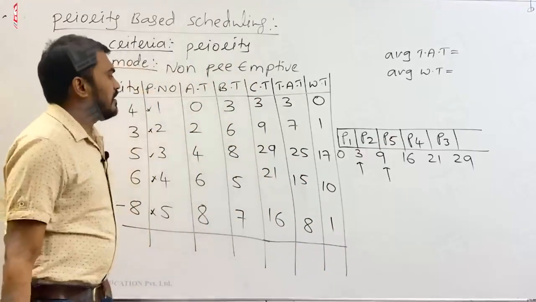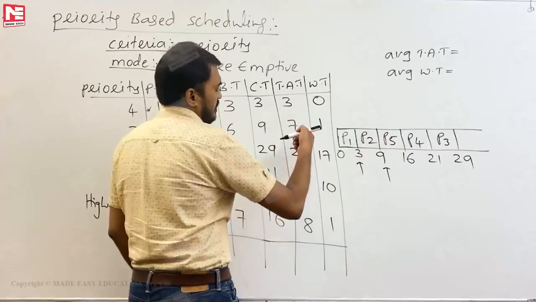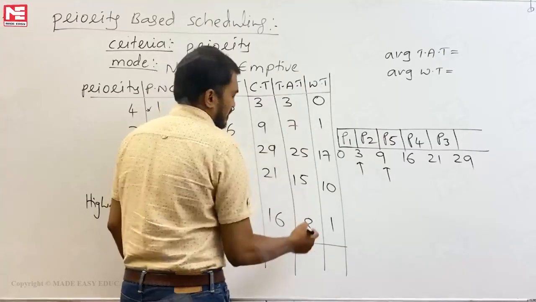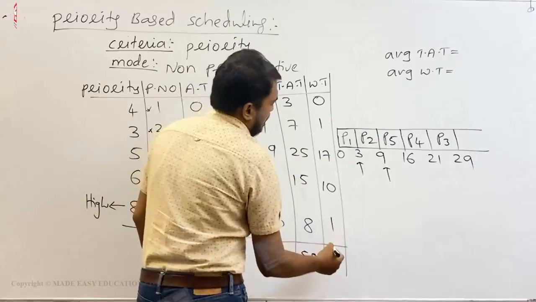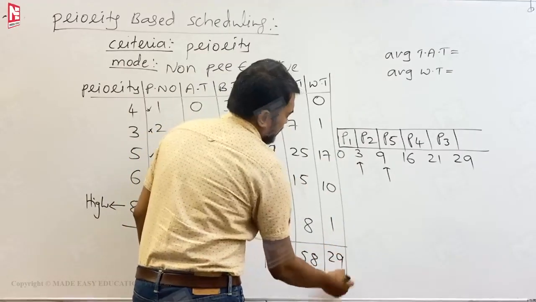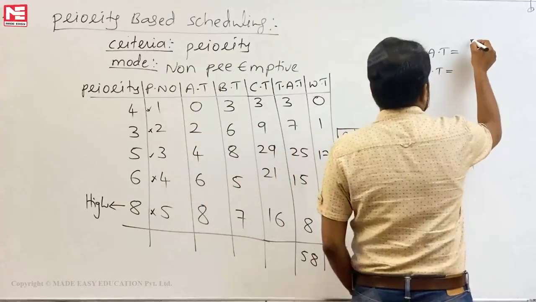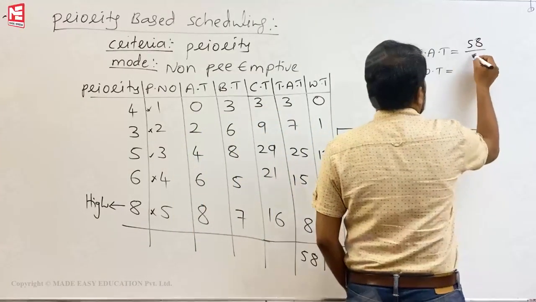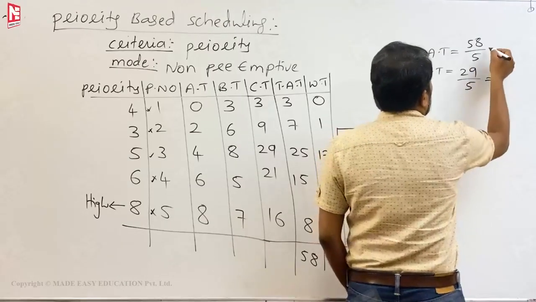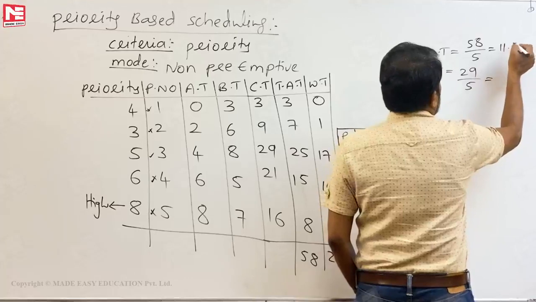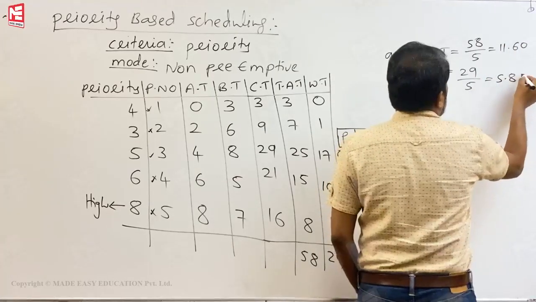Total of this is 58, and this is 29. So average turnaround time is 58 divided by 5, and the next is 29 divided by 5. How much is this? 11.60, and this is 5.80.